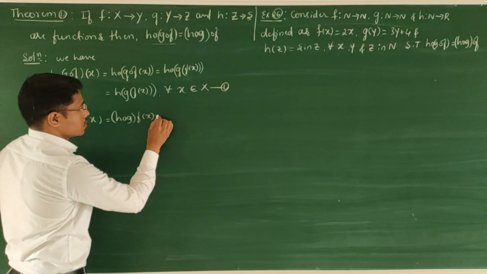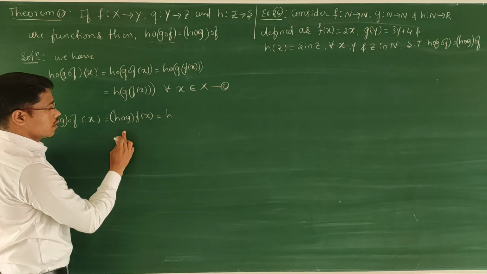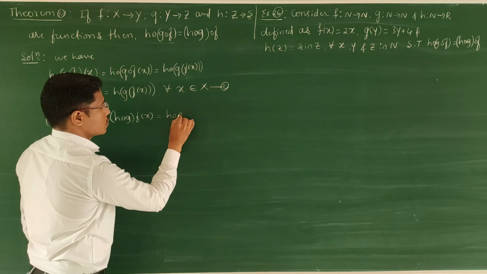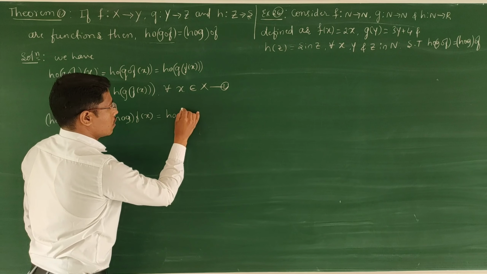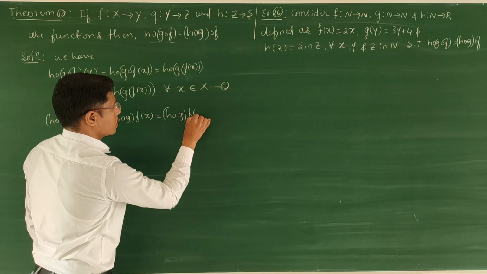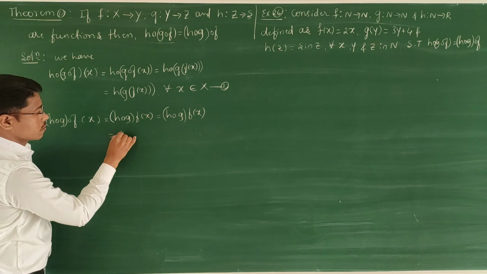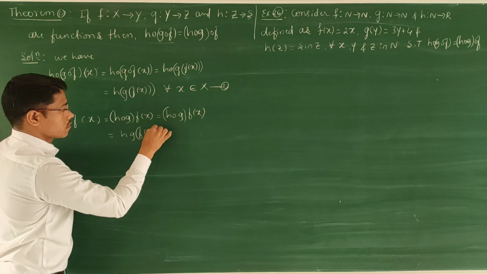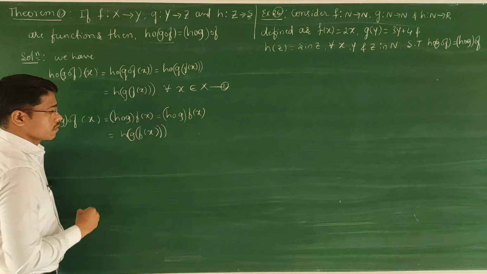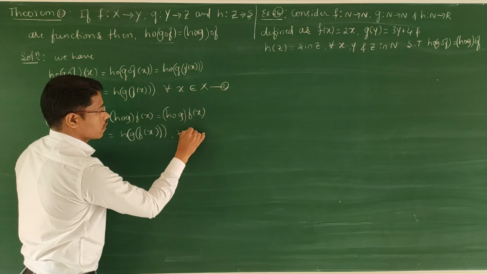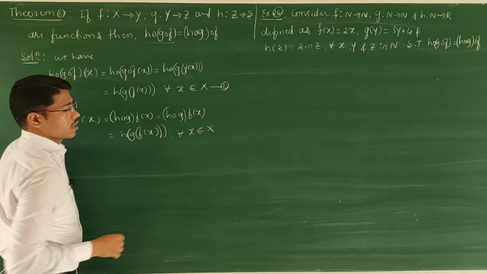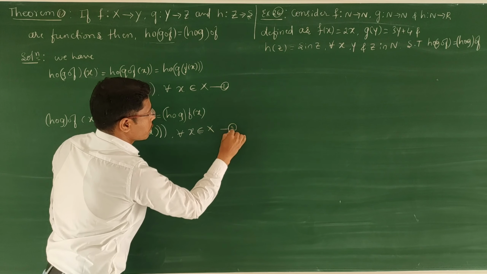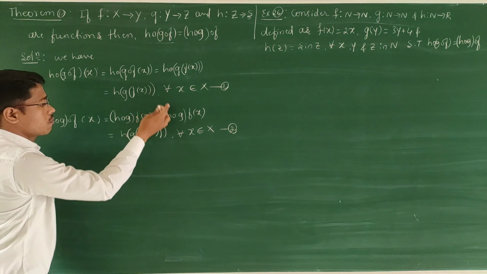This is equal to h, again remove the composition, h composition g of f of x, with one more bracket for this also. So for all x belonging to capital X, input from this function X. Equation 2.